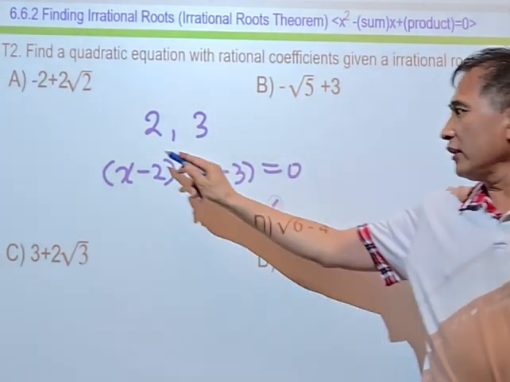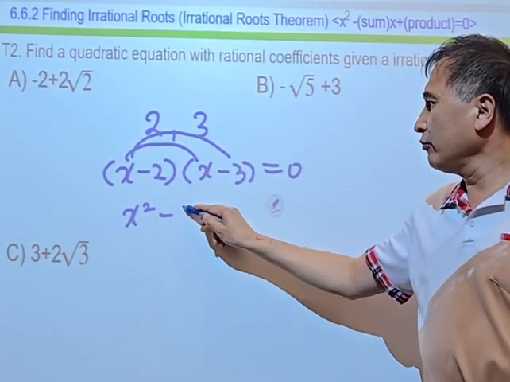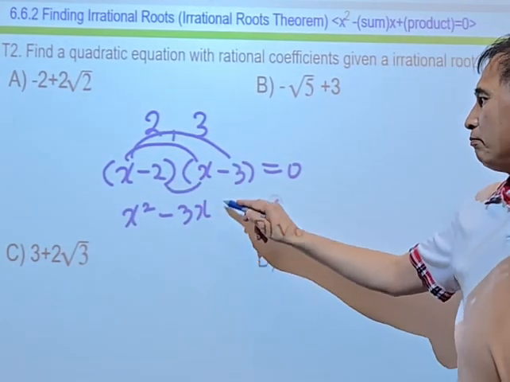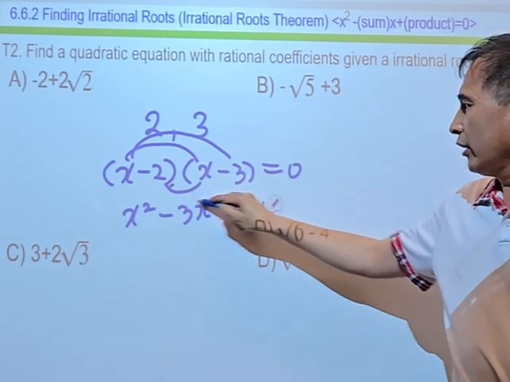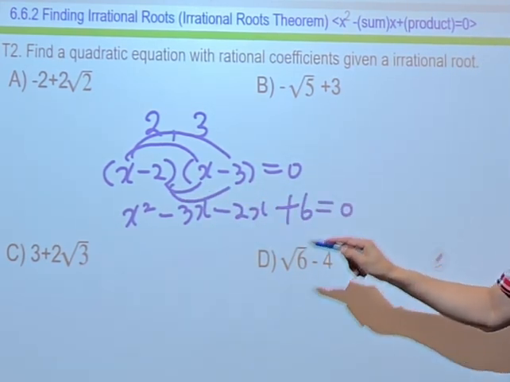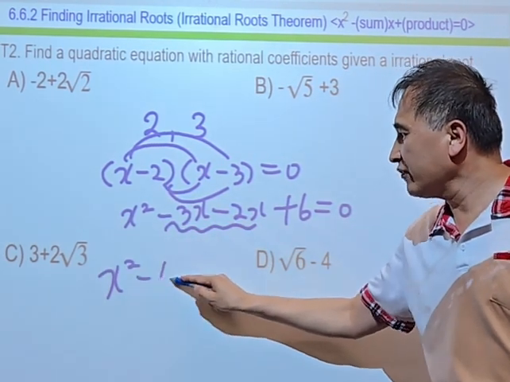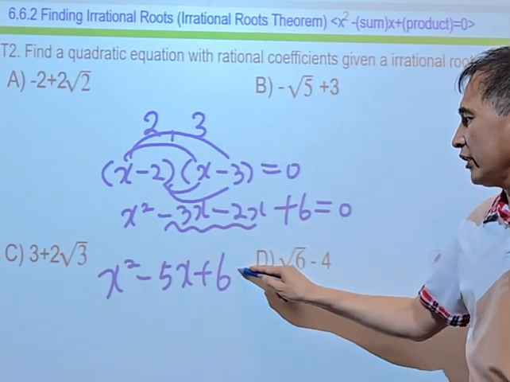Then if you FOIL it, this is x squared minus 3x minus 2x plus 6 equals 0. So we combine the like terms: x squared minus 5x plus 6 equals 0.